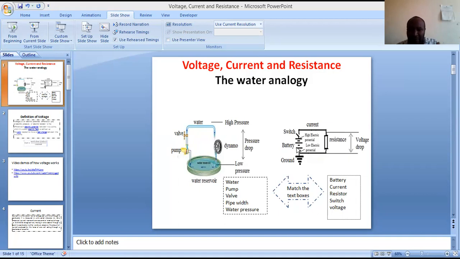So for electrons to flow through a circuit, they need some energy, or they need to be given some pressure, electrical pressure, and it is the voltage source, which is the battery, that supplies that energy to make them flow through the circuit.